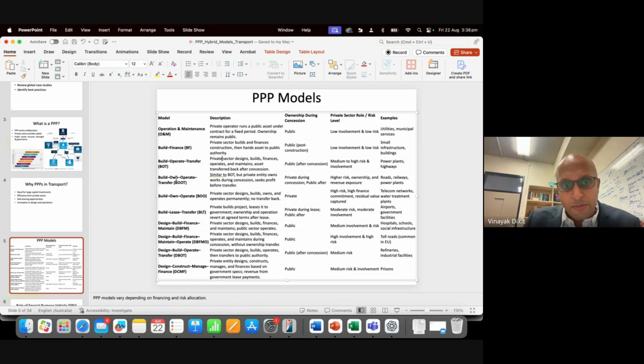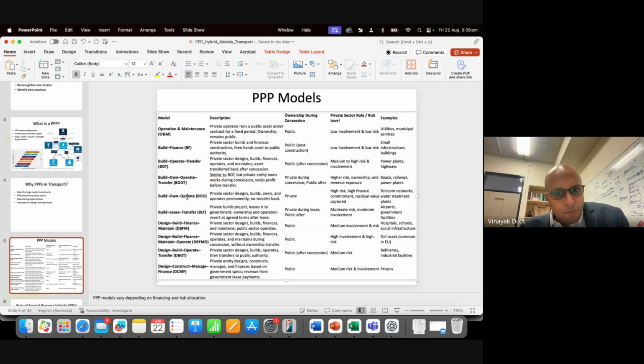BOOT is, I think, the most used model in India. There's also a hybrid one, but BOOT is the most used one. The private entity owns and works during the concession and then seeks profits before transfer.